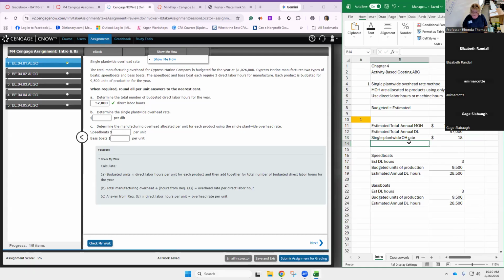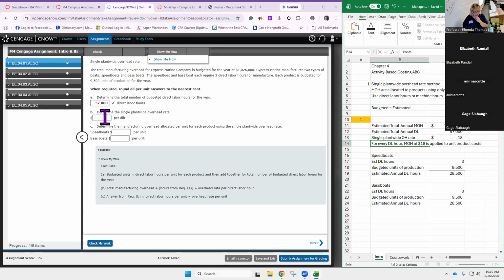for every direct labor hour, manufacturing overhead of $18 is applied to product costs, unit product costs.